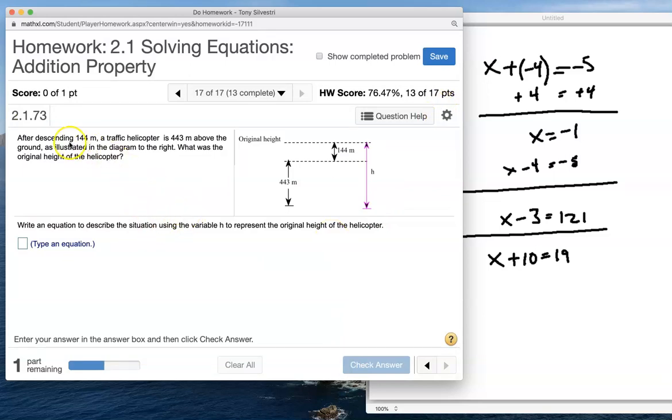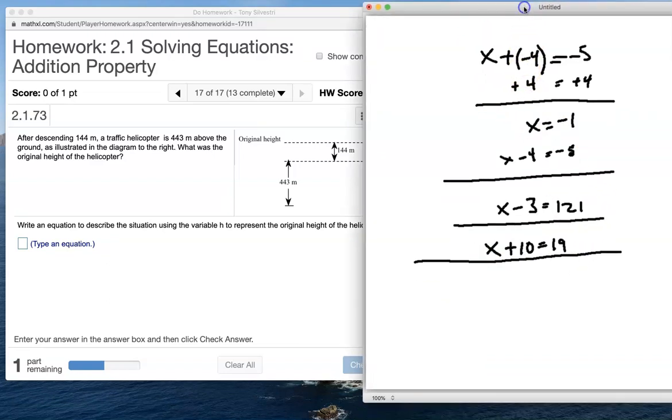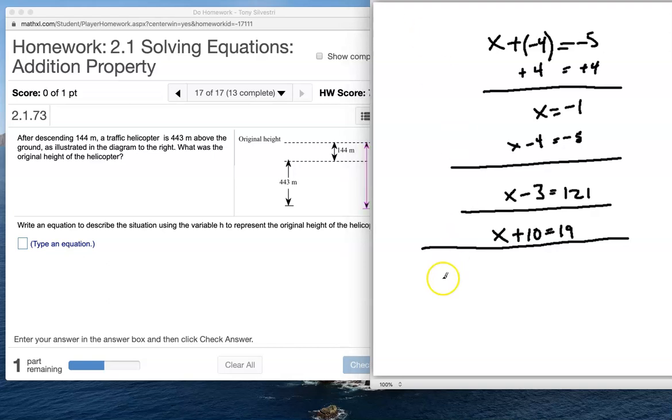And let's see. You got a helicopter. We don't know what the original height is. They called it H. It was H meters off the ground, after descending 144 meters.